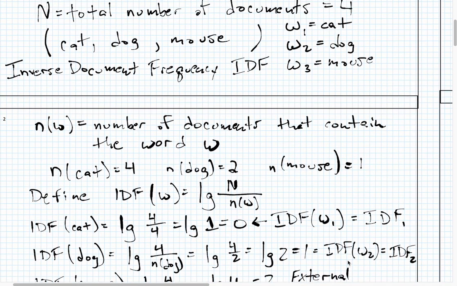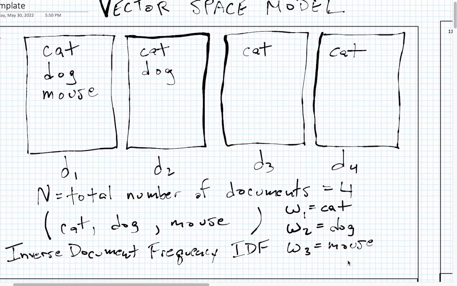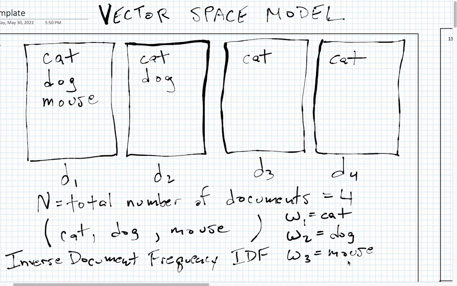Now what I want to do is come back here and change a few things about these documents. I want to put in another dog here and another mouse here. And I'll say dog, dog, and over here I'll say cat, like that.